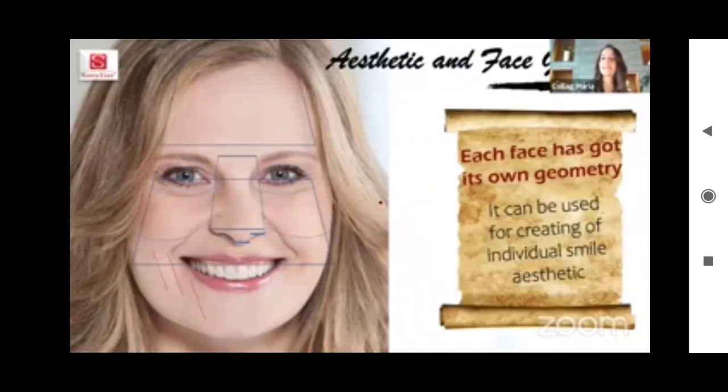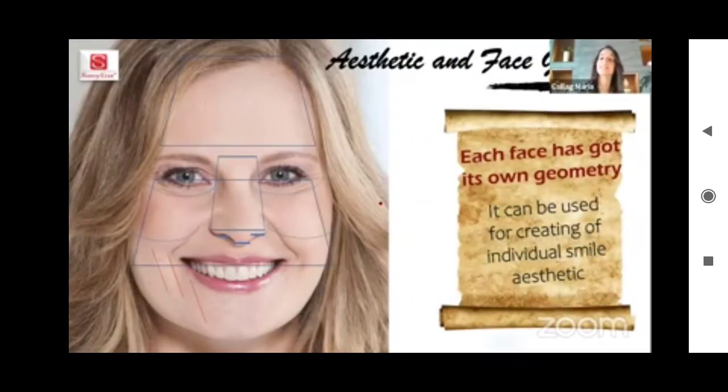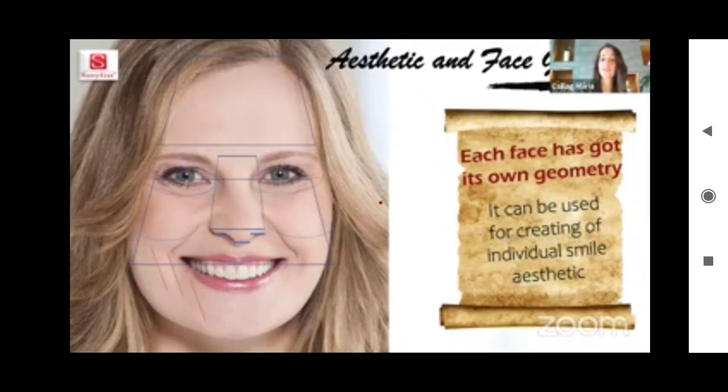So, aesthetics and face geometry. This is the next finding. If you would like to create a really nice smile, because at the moment we are speaking about aesthetics, with the functional part as a side effect, you have to create a conscious combination of a smile. Actually, there are more than 60,000 combinations of a smile existing all over the world.